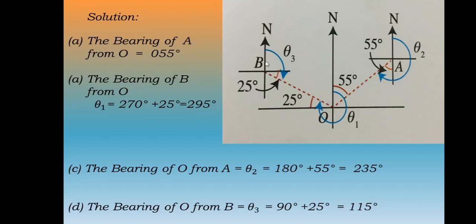Again, as I said earlier, two norths are parallel to each other, so these two lines are parallel. This 25 and this 25 will be alternate angles. So the bearing of O from B will be 90 plus 25, which equals 115 degrees.